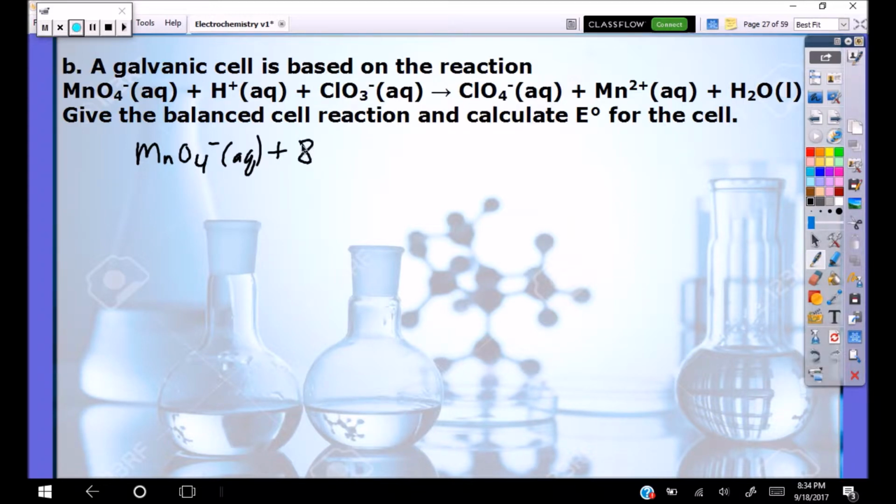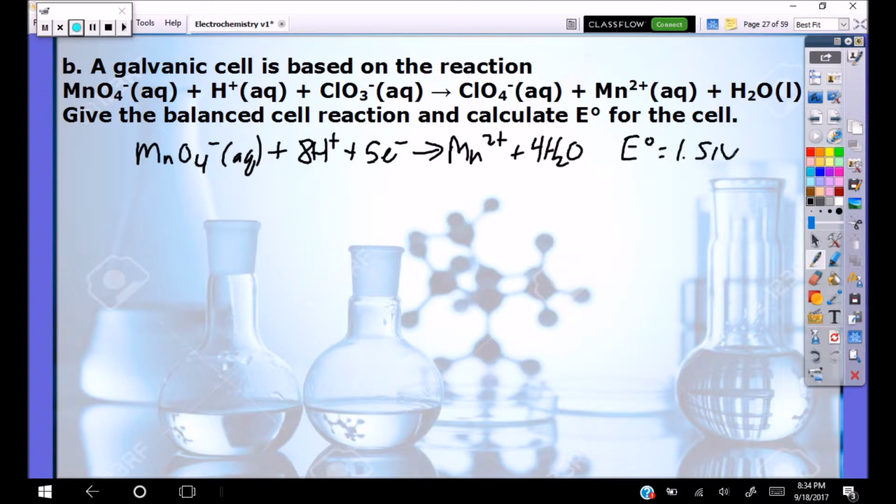Plus 8H+ plus 5 electrons, and we get manganese 2+ and 4 waters. Okay, and our cell potential is 1.51 volts.